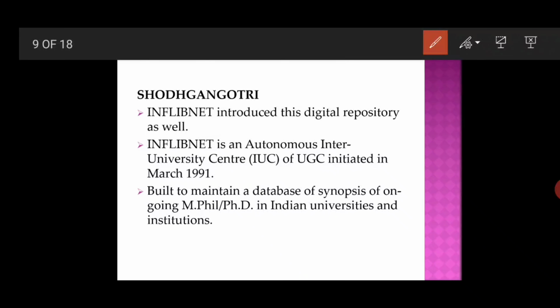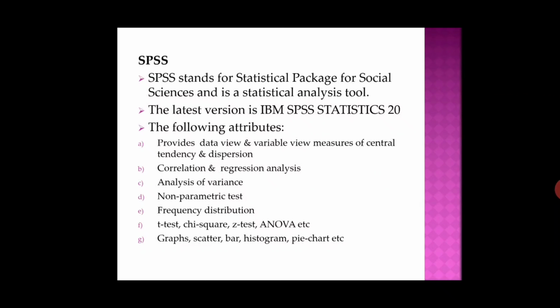Now we have SPSS. SPSS stands for Statistical Package for Social Sciences and is a statistical analysis tool. The latest version is IBM SPSS Statistics 20. Here are some attributes of SPSS. It provides data view and variable view. Measures of central tendency and dispersion, correlation and regression analysis can be done here.